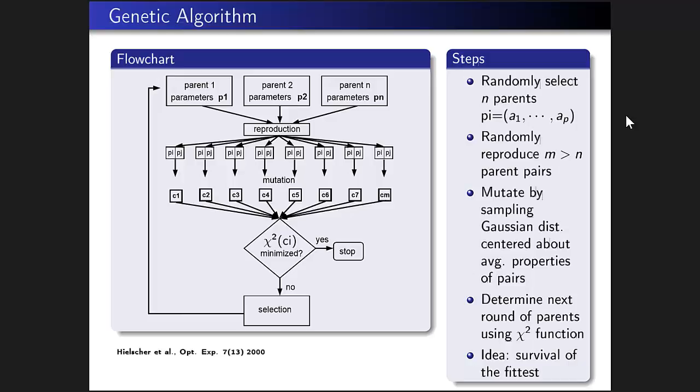Then you take the average optical properties of the two parents and you form a Gaussian distribution centered around that average, and you create children. The children are evaluated as far as what their chi-squared value is, and we take the best n of those children, and they become the parents for the next generation. The concept of this algorithm is survival of the fittest, because hopefully you're weeding out those parameters which are not genetically sound.